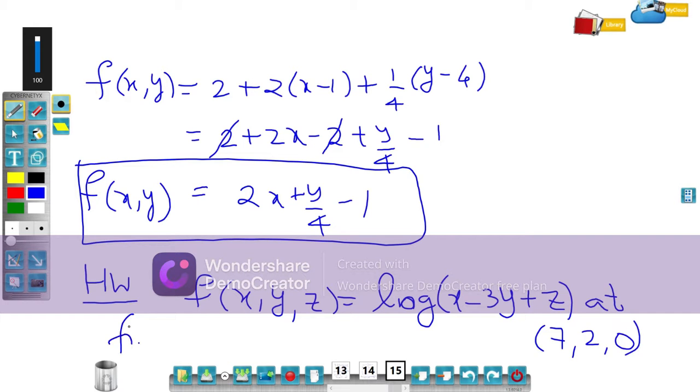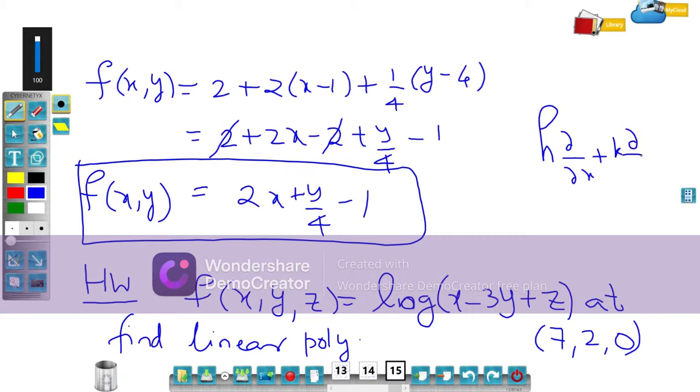So find the linear polynomial. You may ask the question, I have defined the Taylor's expansion only for 2 variables, how will it go for 3 variables? So you will have the operator. Now here you need to understand h ∂/∂x plus k ∂/∂y, plus you can have one more variable l ∂/∂z. So that operator will repeat.